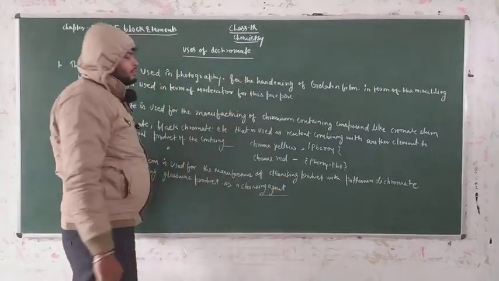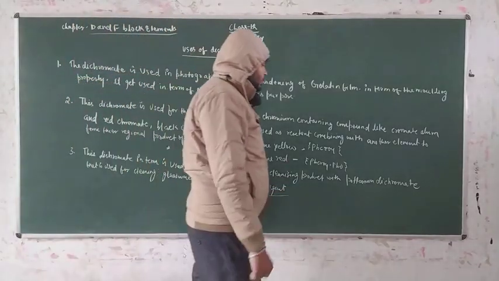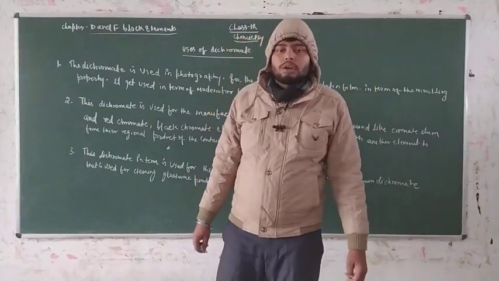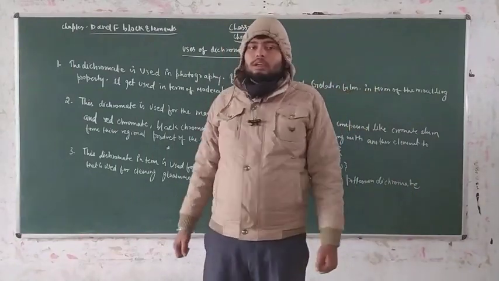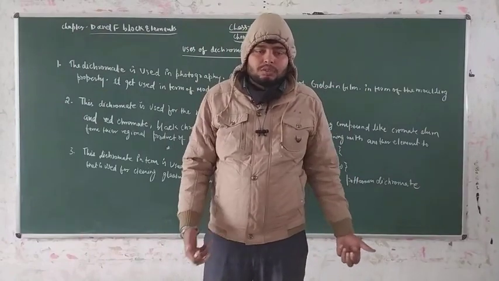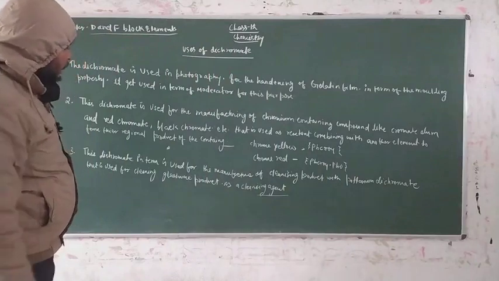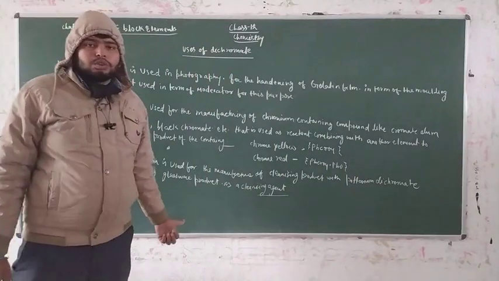That means in the preparation of this type, the potassium dichromate and this chromate formation are used as a cleansing agent for cleaning glassware utensils. This is the term of used formation.